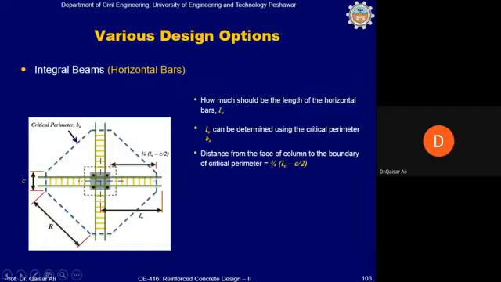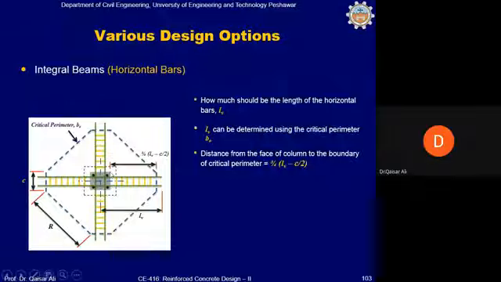This is the boundary of critical perimeter. This figure is given in the code. From the face of the column to the boundary of critical perimeter is 75% of Lv minus c by 2, okay, which is 3 by 4 (Lv minus c by 2). This distance from the center of the column to the end of the bar is Lv.